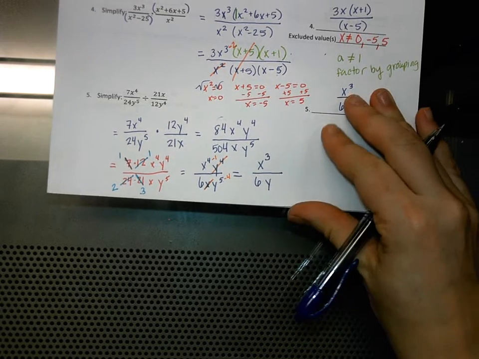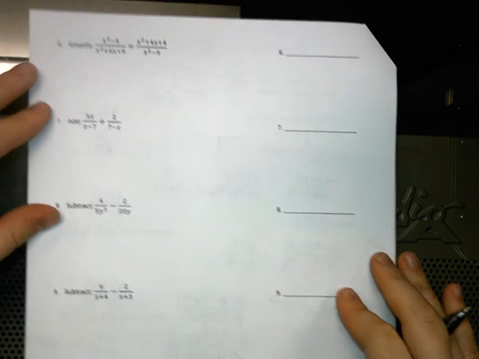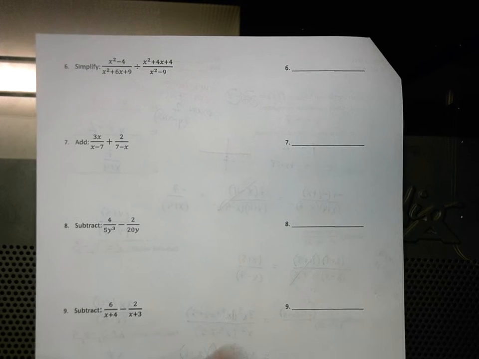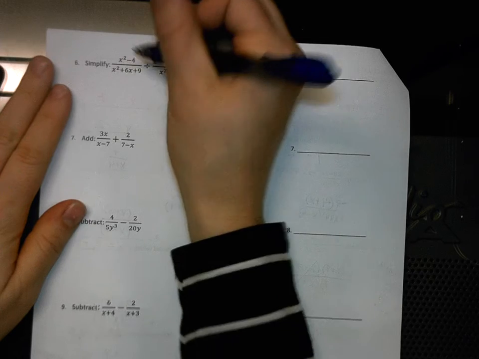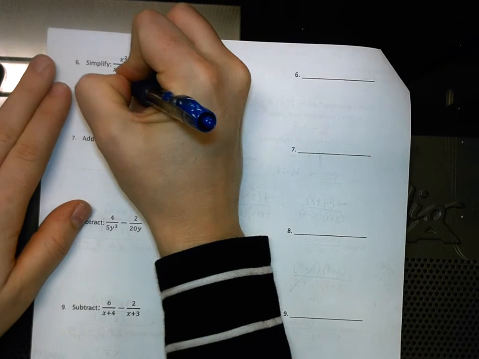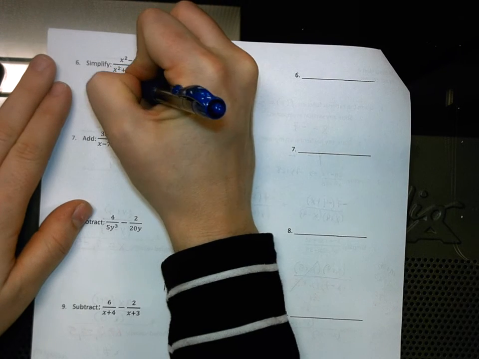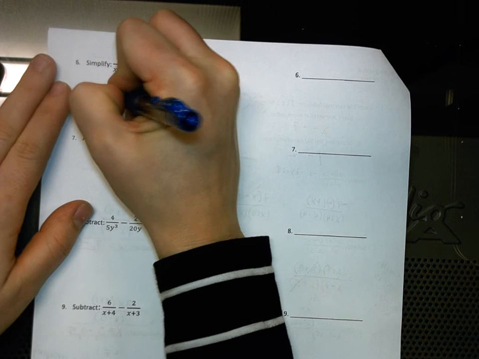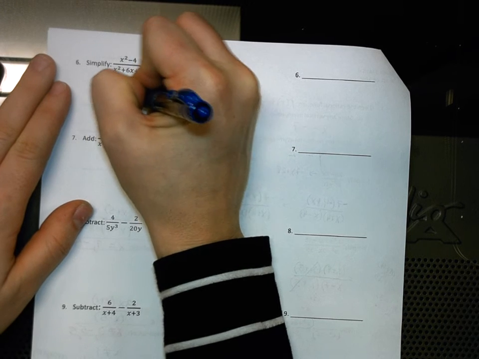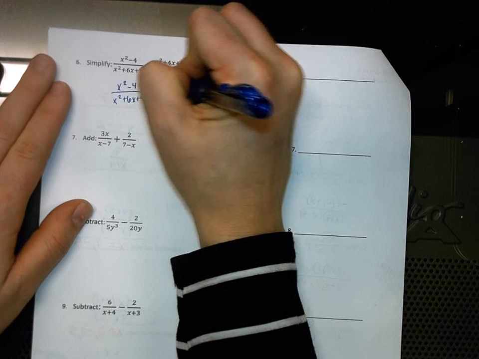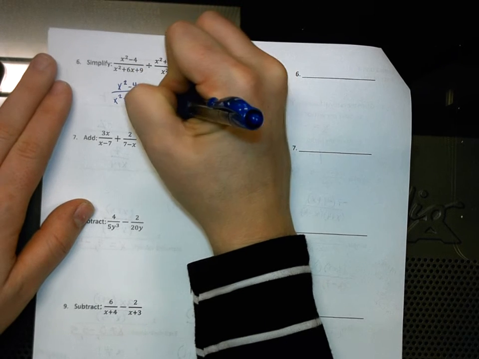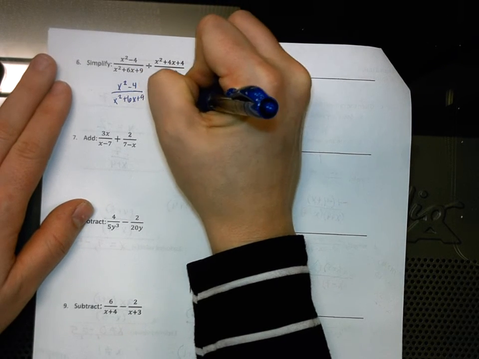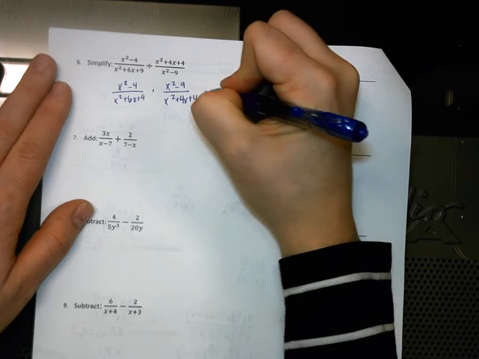All right, go ahead and flip to the other side. Number 6, another division problem. So we're going to multiply by the reciprocal, and then we can multiply straight across.